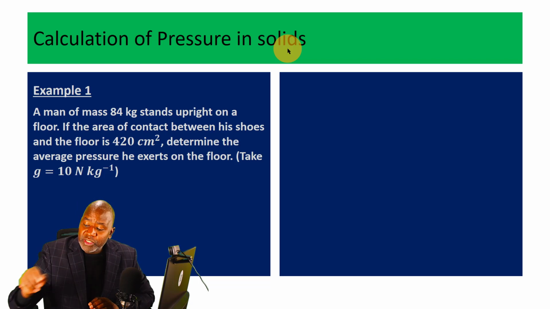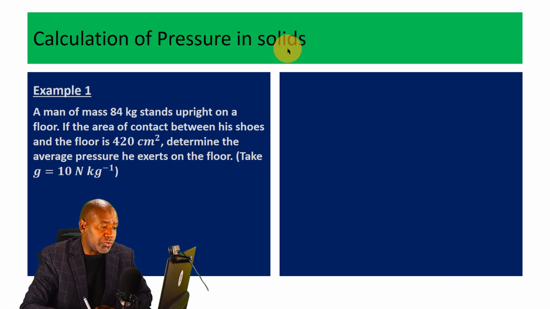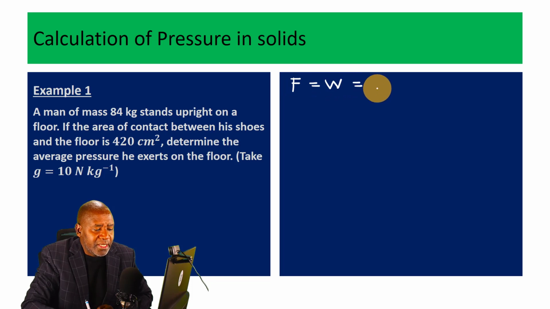At this point, I'd like you to recall the relationship between the two. Just recall that the force exerted is equal to the weight of that man, and the weight is related to the mass via this equation.